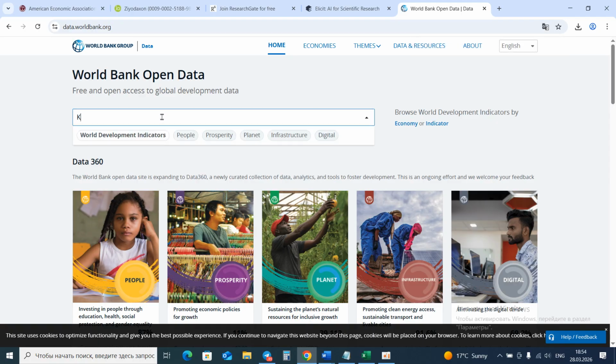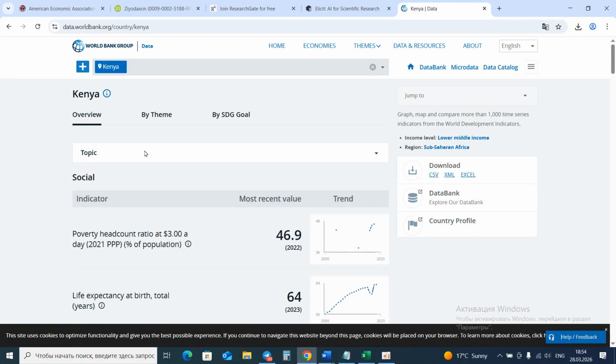So mine one was Kenya, an African country. So I decided to learn or analyze the determinants of economic growth of Kenya.